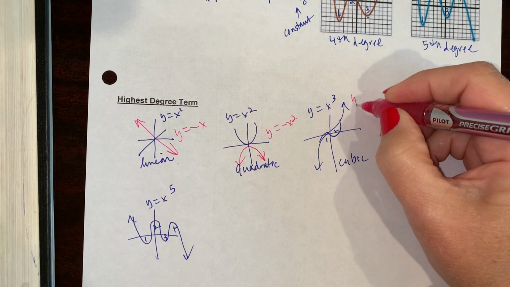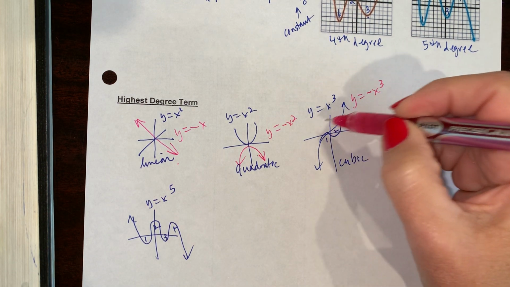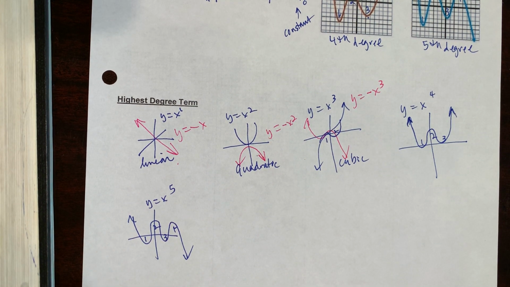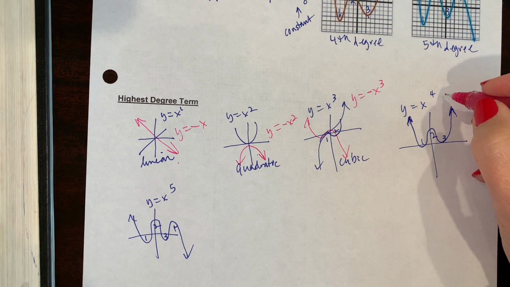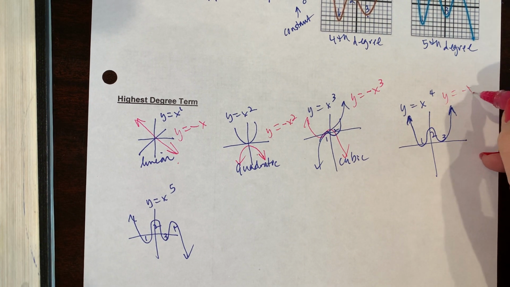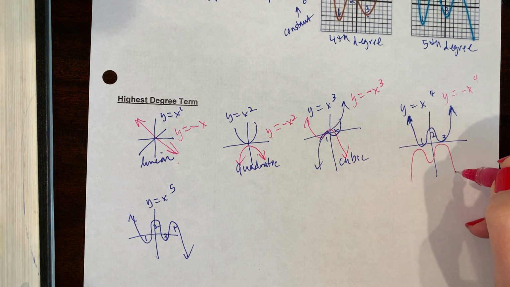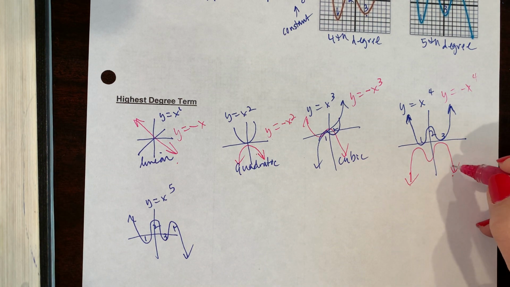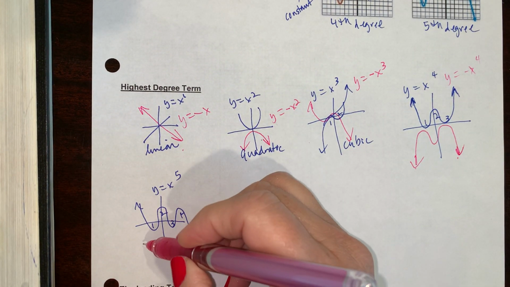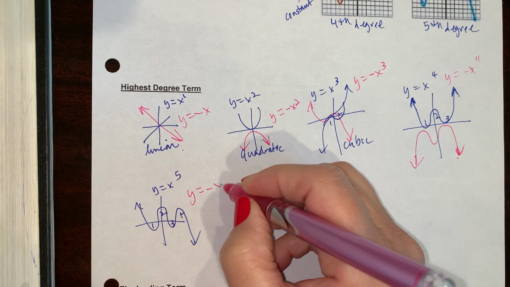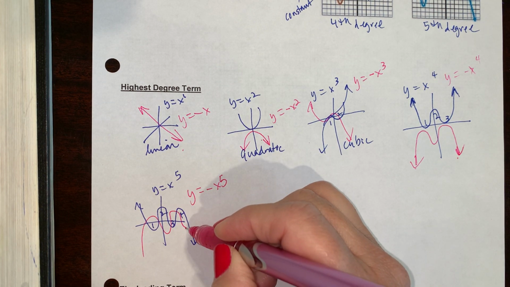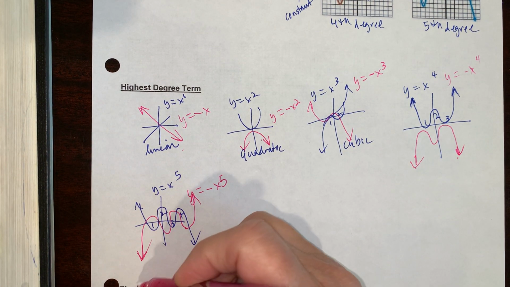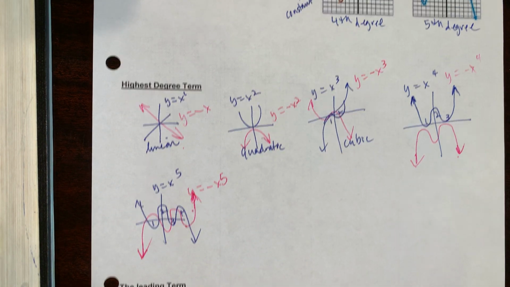If this happened to be y equals negative x to the 3rd, it would be a reflection, like a mirror image. If this one happened to be y equals negative x to the 4th, ultimately these would be going down. If it was y equals negative x to the 5th, it would have the same number of bends, but this one is going to negative infinity and this one's going to positive infinity.